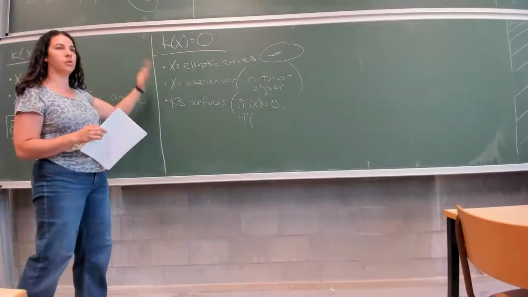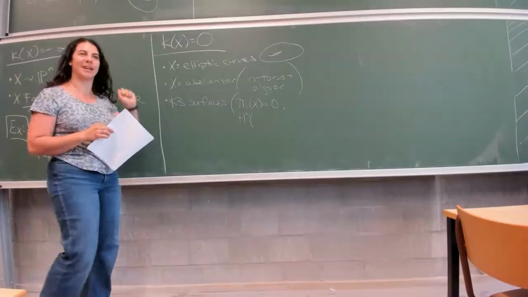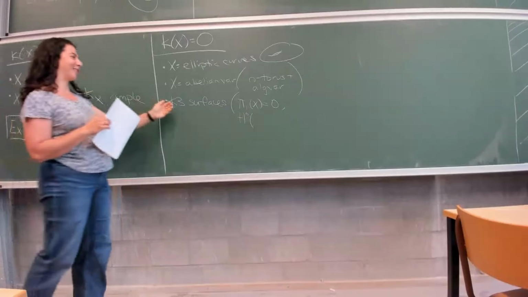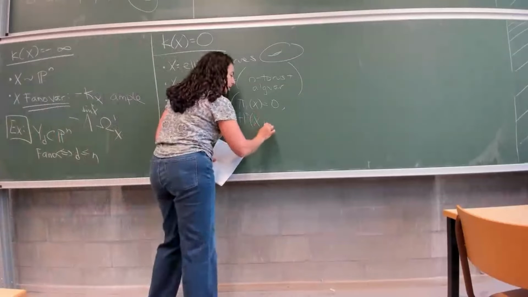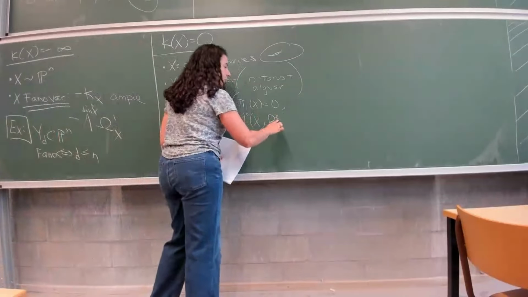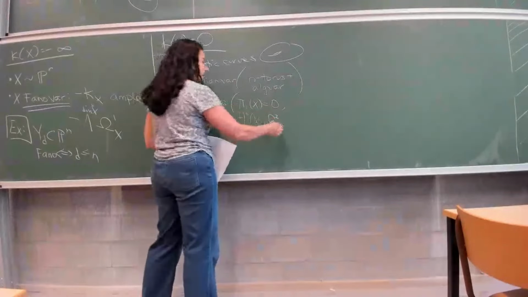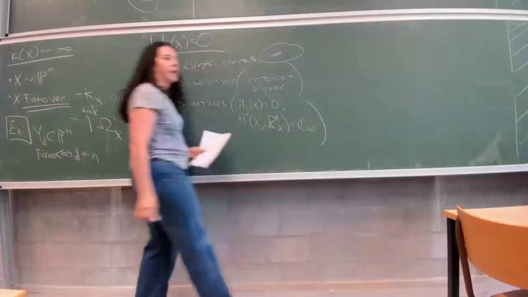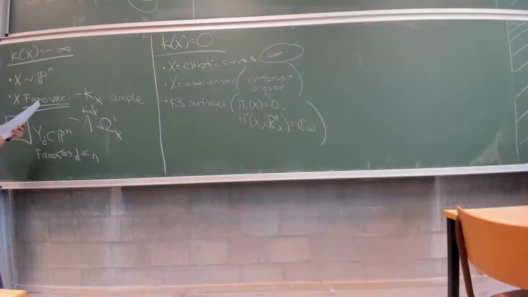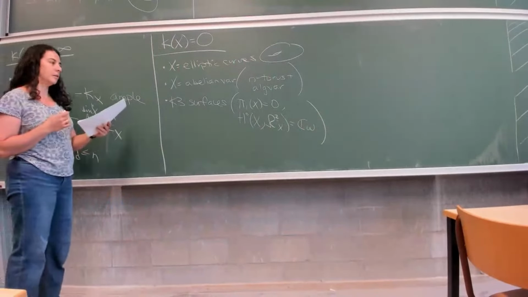I guess I didn't give you the definition of what Kodaira dimension means, but in any case, in this instance it will mean that I want the space of global sections of two-forms, two being the dimension of my variety, to be one-dimensional, generated by some single two-form.